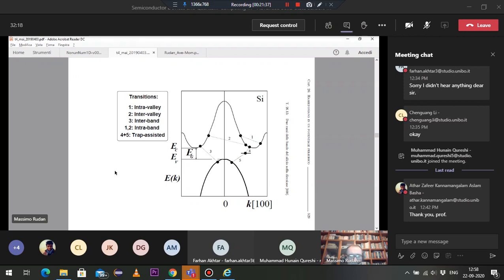So we have two classes of bands that are useless for our purposes. Those that are up in energy, that are completely empty and do not contribute to the current, and also those that are low in energy, that are completely filled with electrons, and they also do not contribute to the current.